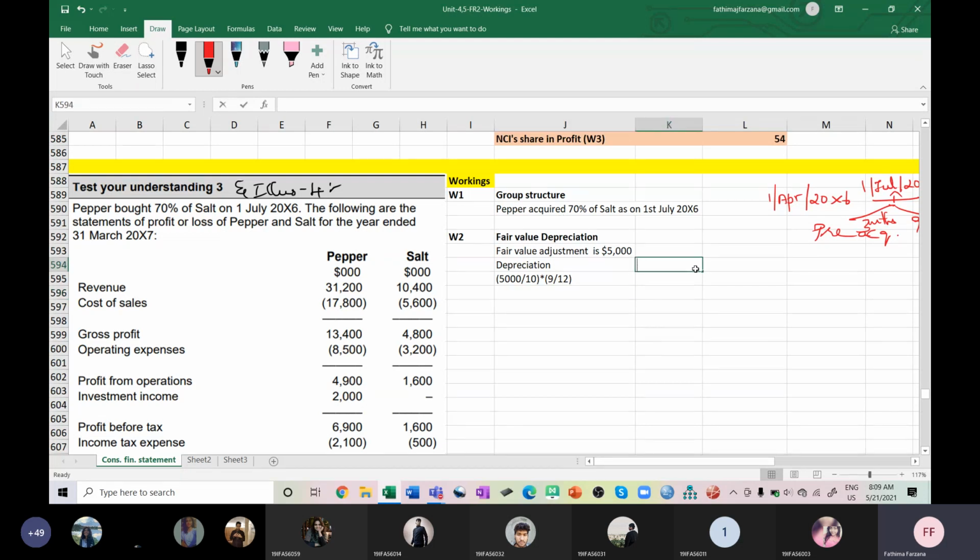So it is 375. I just computed that. 375 is my depreciation. This working note is done.